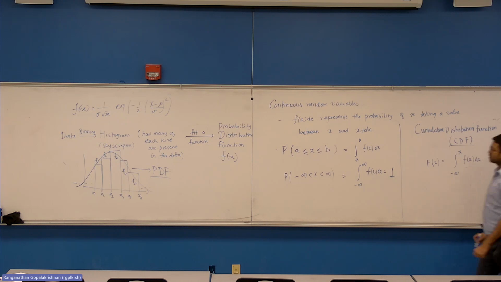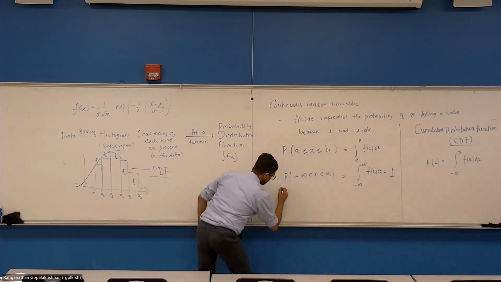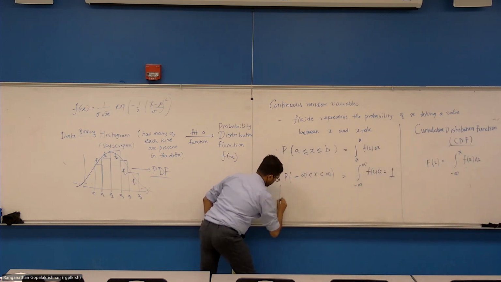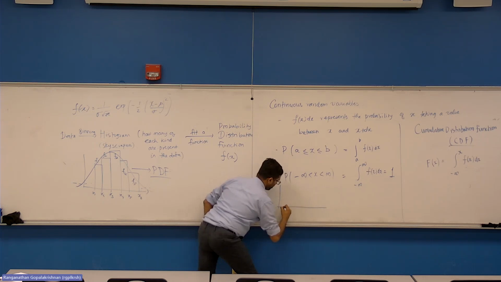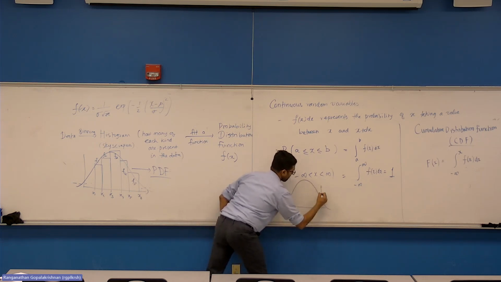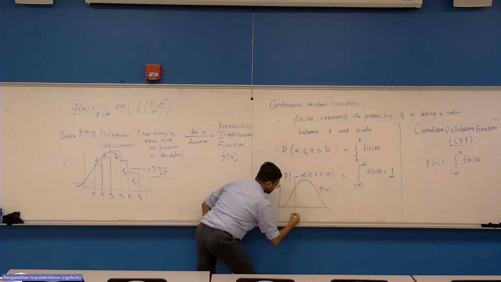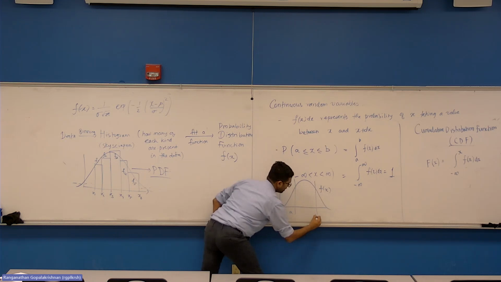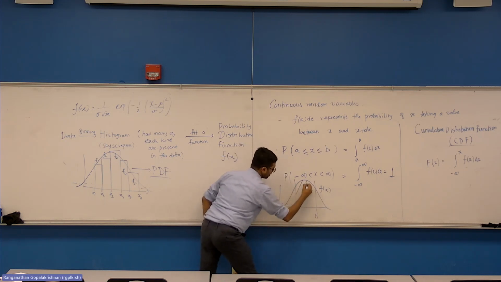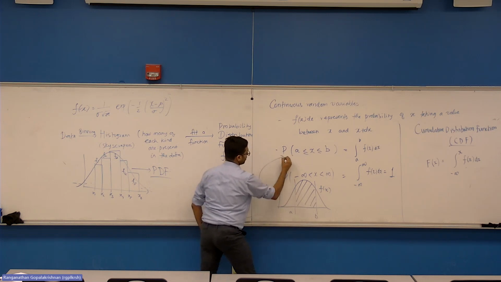So if I draw a function for f of x, if I say this is a and this is b, this integral, or this area under the curve, represents the probability.